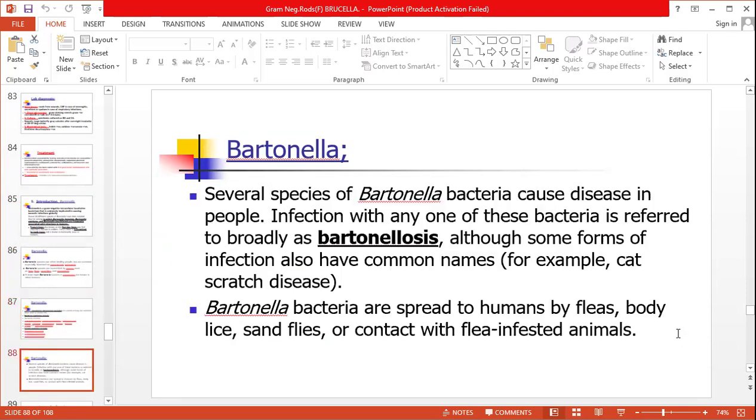Several species of Bartonella bacteria cause disease in people. Infection with any one of these bacteria is referred to broadly as Bartonellosis, although some forms of the infections also have common names, for example, cat scratch disease.